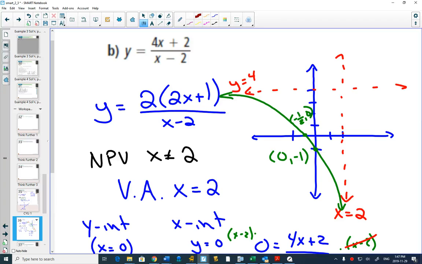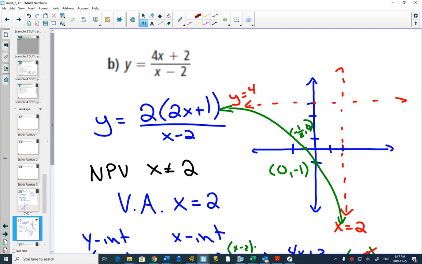My numerator, I'm going to get 14. My denominator, I'm going to get 1. 14 divided by 1 is 14. So on my graph, way up here, I'd label the point 3, 14. And as soon as you have that point, you can draw that whole section just going towards the asymptotes.